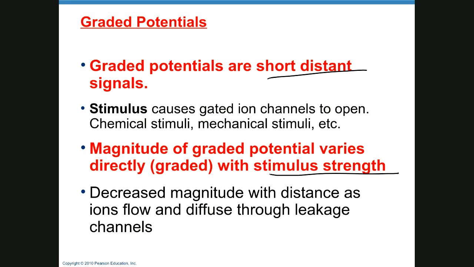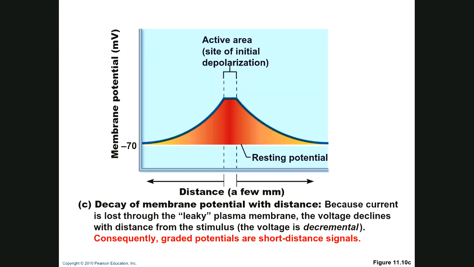So a strong stimulus will give you a strong graded potential. A weak stimulus will give you a weak graded potential. And this is showing you how the graded potential is called graded because it's strong at the area where the stimulus is acting, and as you move away, it diminishes.